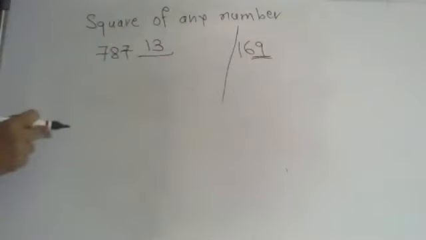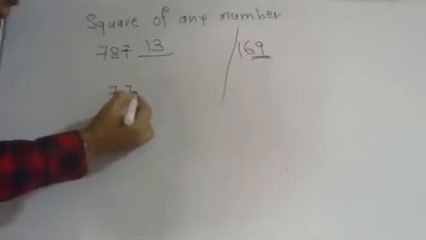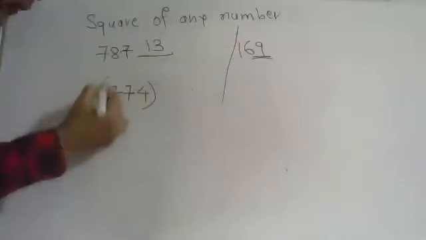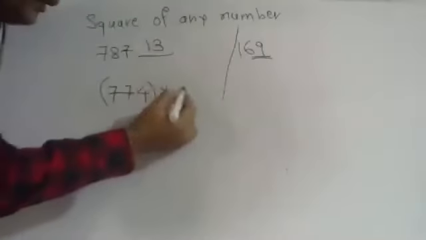787 minus 13 is 774. Since we have taken base of 800, multiply this by 8.